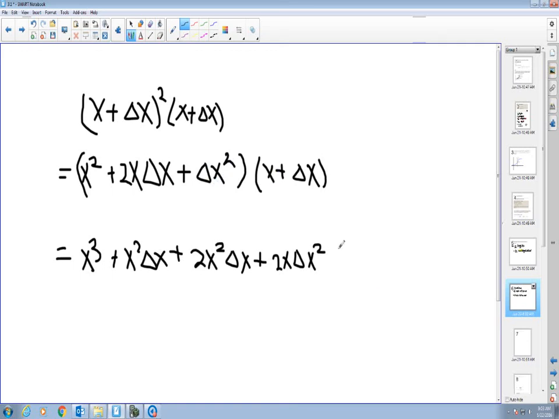Delta of x squared times x, positive x delta x squared, and delta of x squared times delta of x, delta x to the third.